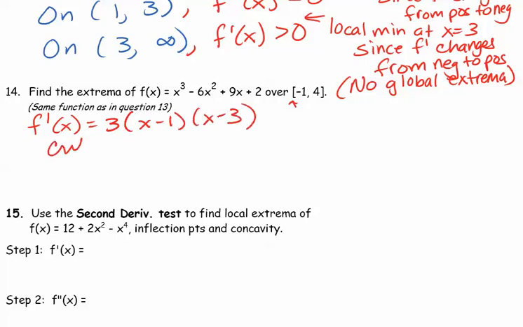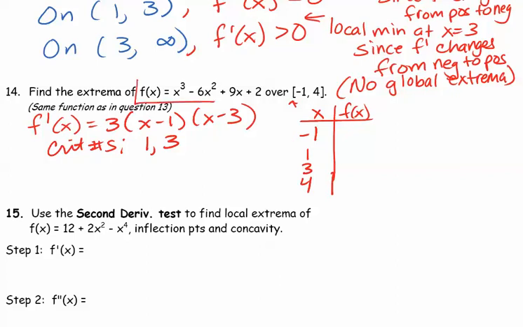Remember that our critical numbers, we had already found out, were 1 and 3. So our closed interval test says that our global extrema can only happen at the endpoints or at the critical numbers. So we can test the values here.